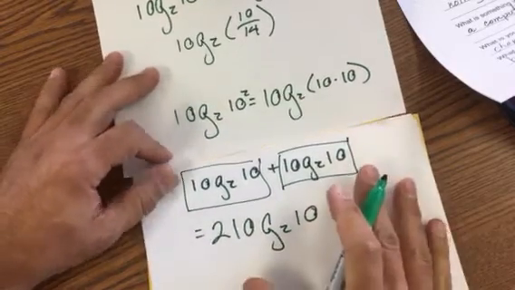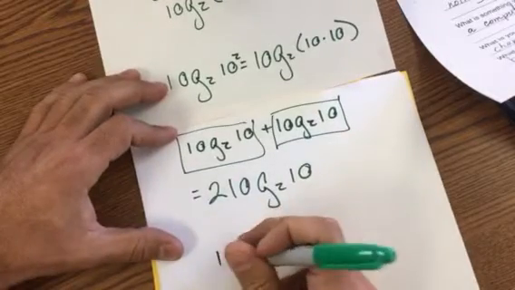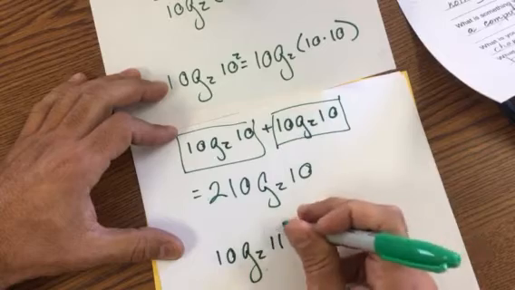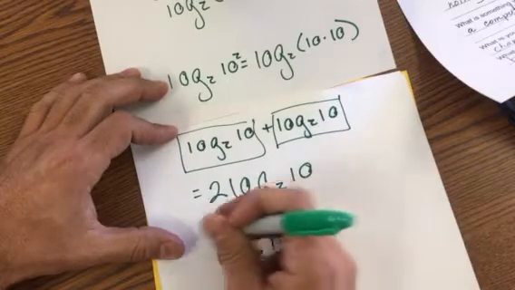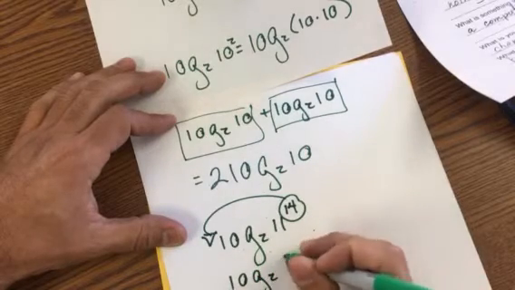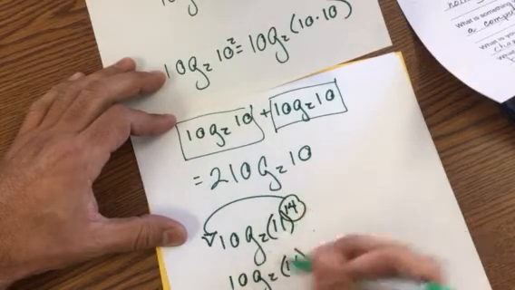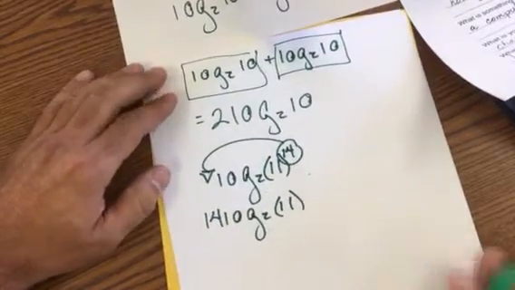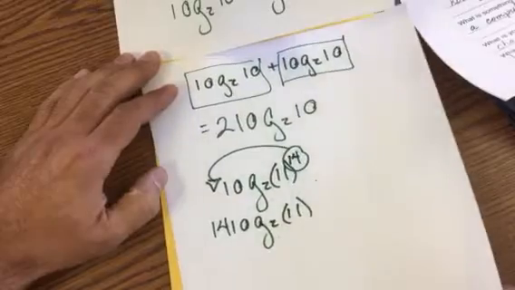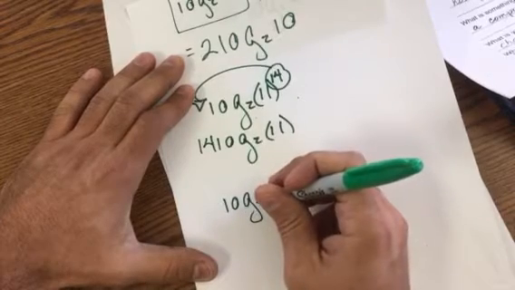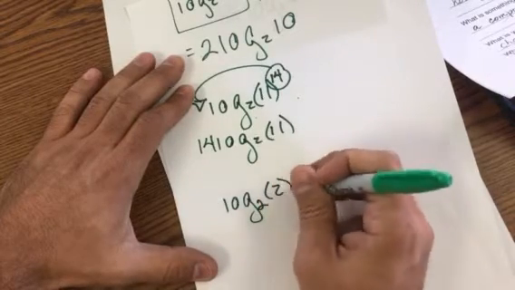So the shortcut to this is if you have a log with an exponent, that exponent comes down. So that's the shortcut. The next thing that we need to do with logs is when we have a log with a base that is the same as the of.